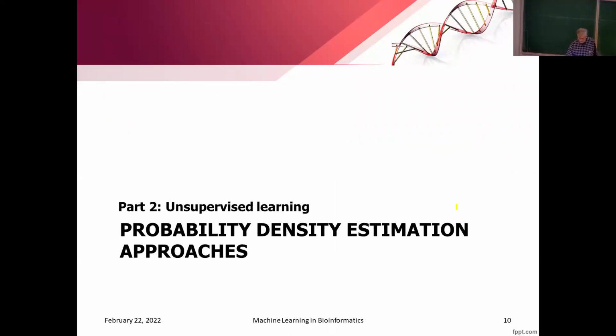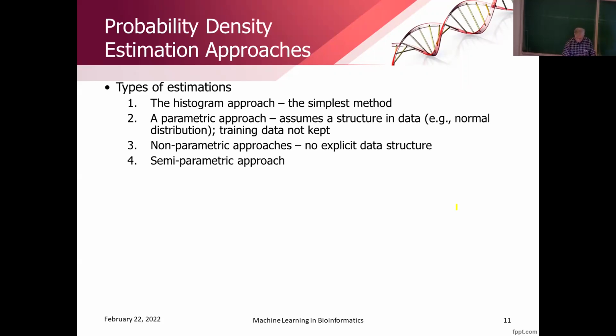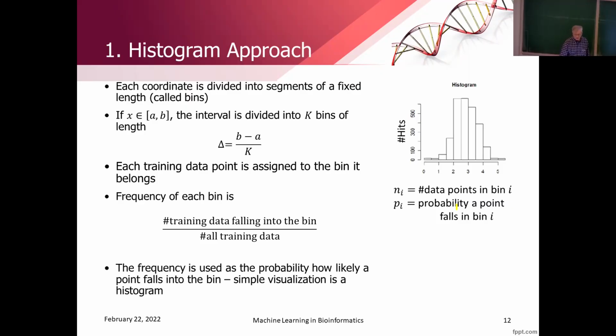Okay, let us look at the probability density estimation approaches. So the first simplest method is the histogram. We have already seen that in the lab in the morning. So we know we have some data, and we know that the data are from some restricted interval AB, and we divide the interval AB into bins, usually into the same width bins.